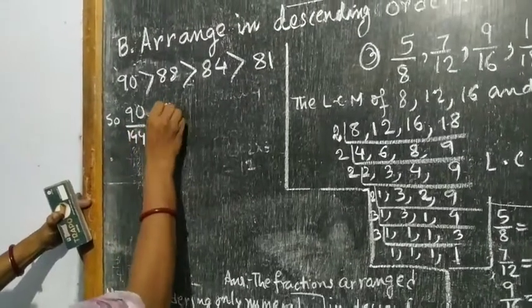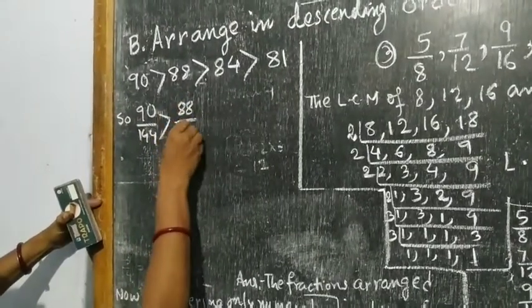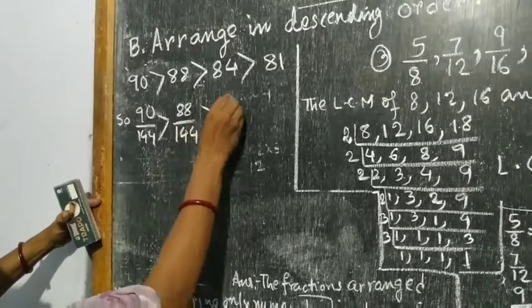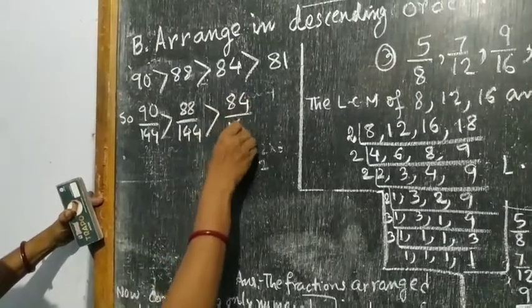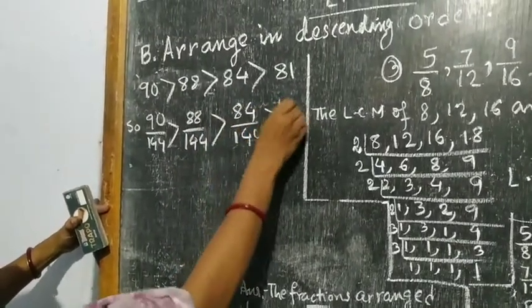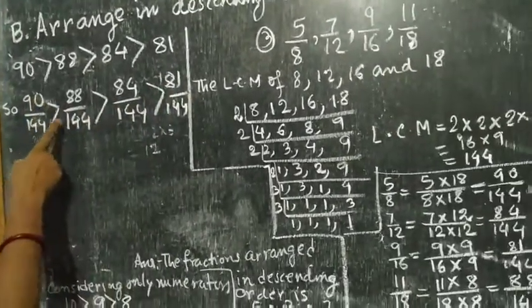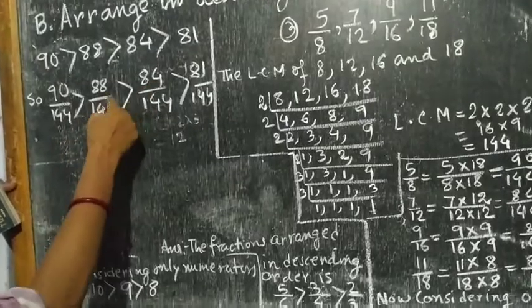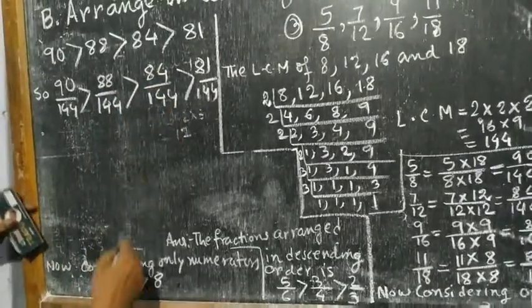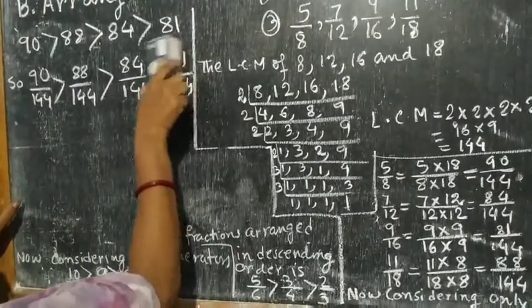144 is greater than 88 by 144, greater than 84 by 144, greater than 81 by 144.